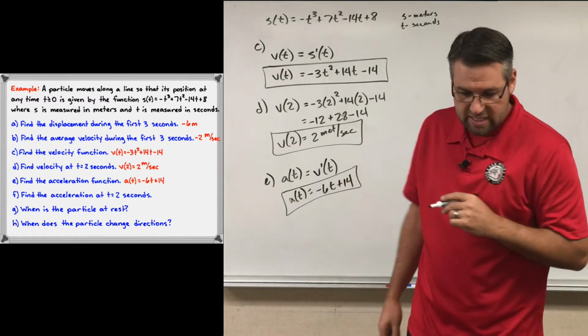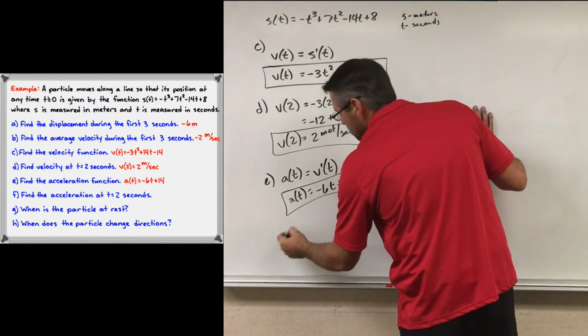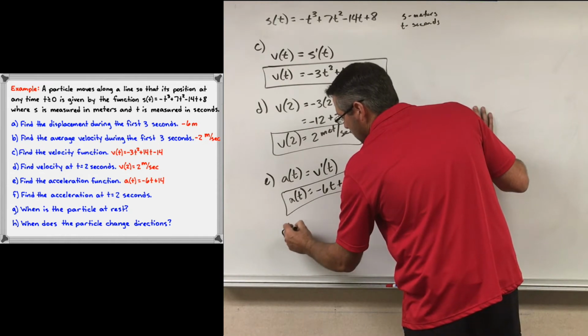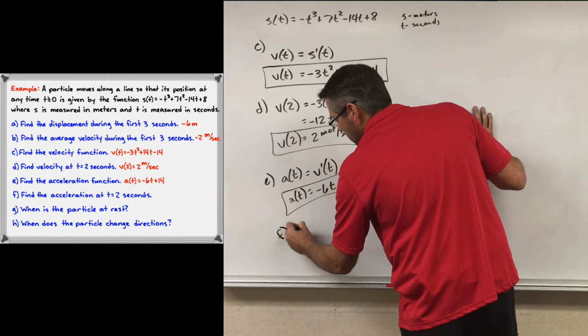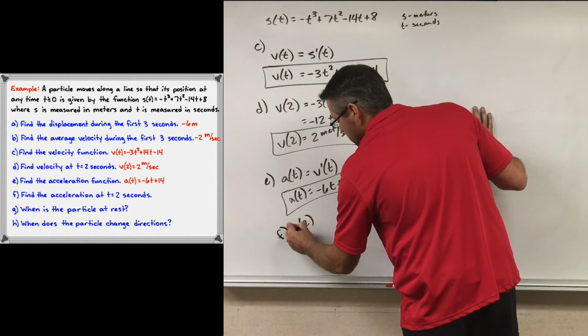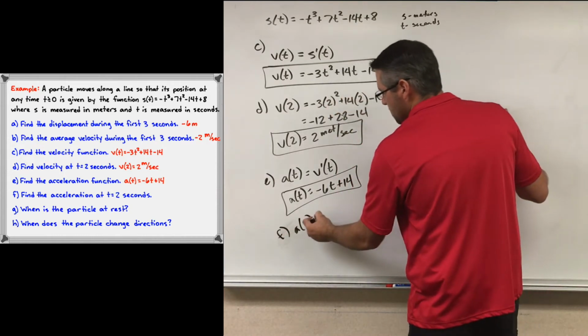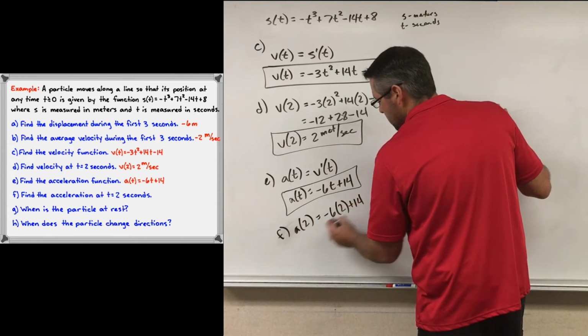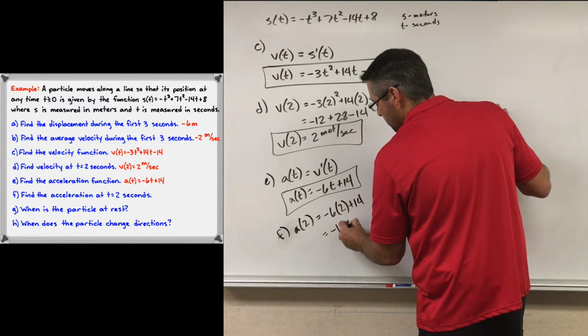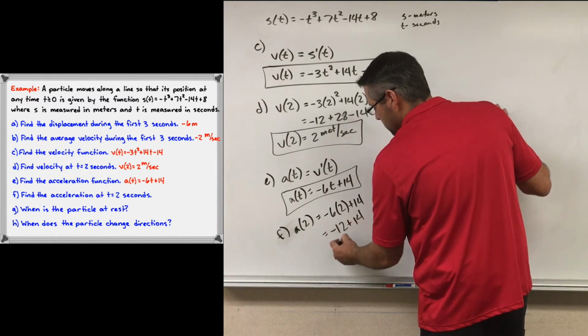Part F, it says find the acceleration at t equals 2. I like where this is going. This is going to be an interesting idea here. Acceleration when t equals 2. That just means I plug in 2 to my acceleration function. So it's negative 6 times 2 plus 14, which is negative 12 plus 14, which is, interestingly, 2.